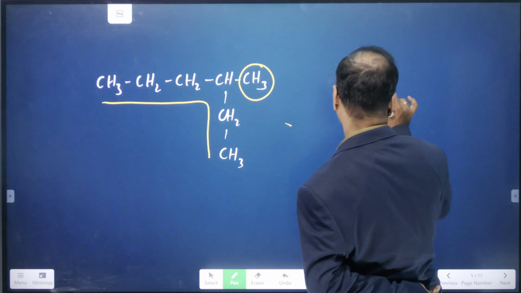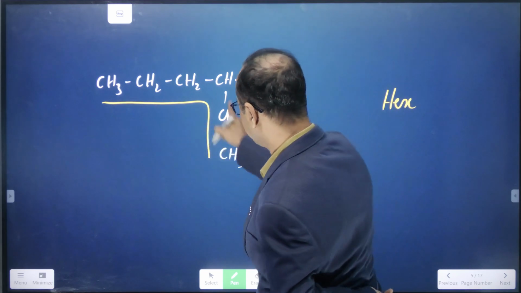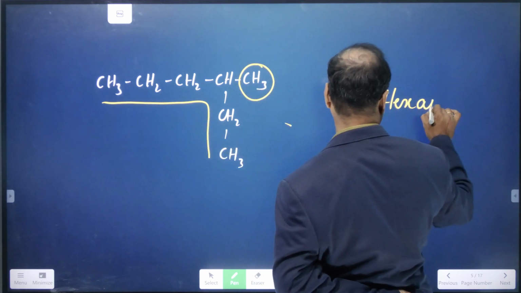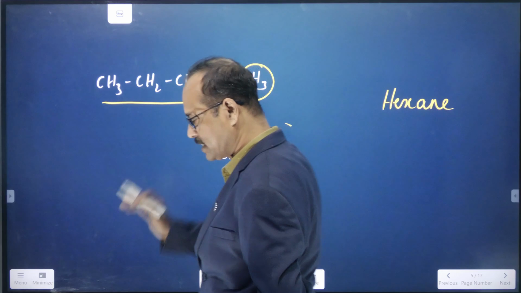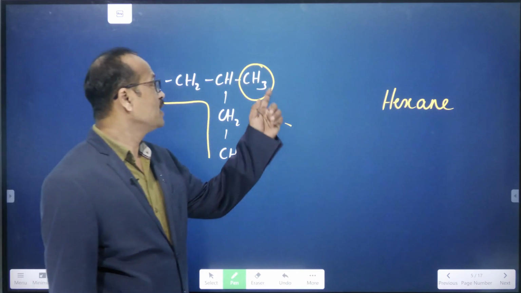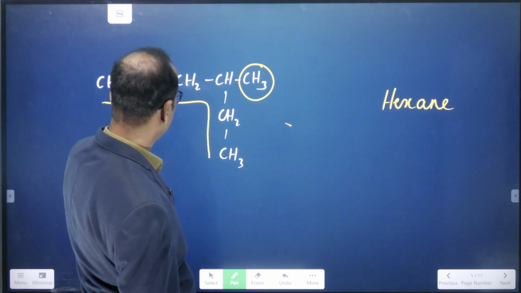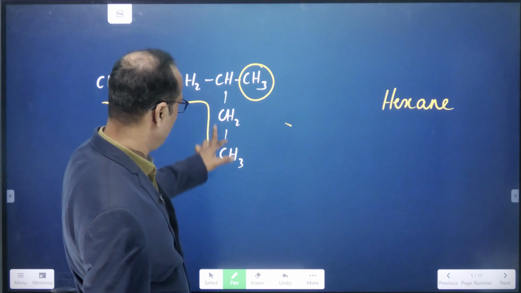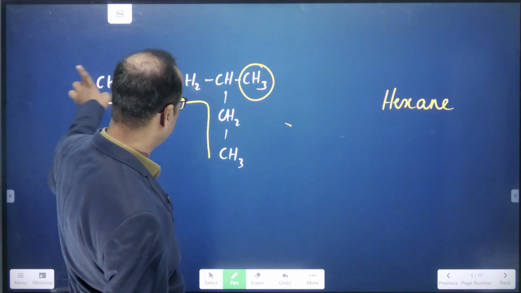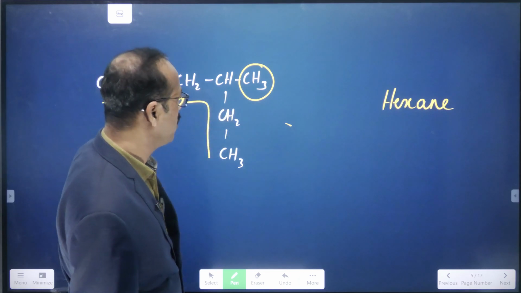So the longest chain has 6 carbons. 6 is hex, so the root word is hex. All single bonds are there, so the primary suffix is ane. So hexane, that is done. Now this becomes a substituent. This is methyl, CH3 is called methyl.